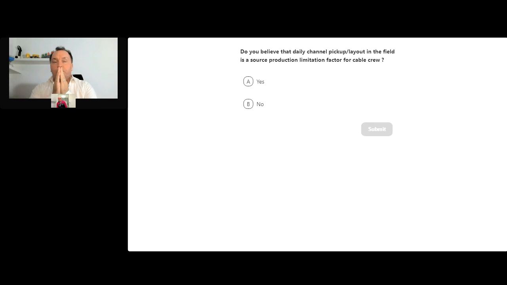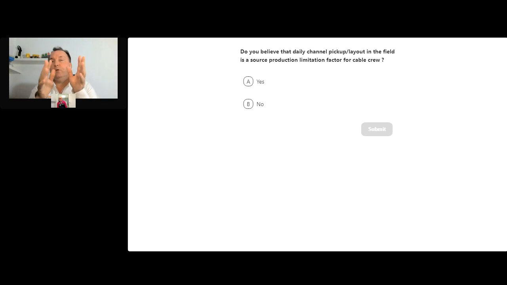Another question for you guys. Do you believe that the capacity of pickup, the capacity of the crew of pickup and layout in the field for a generic node on a string of 9 phones or for a stride node is a source production limitation factor for a cable crew?